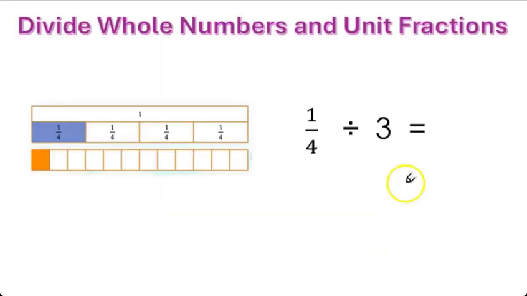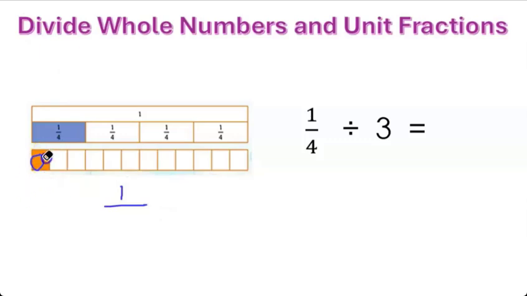Now I'm going to show you that it also works when you're dividing a unit fraction by a whole number. What this means is you're going to take 1/4 and break 1/4 up into 3 pieces. So here's 1/4, and we broke it up into 3 pieces. You notice one of them is shaded. So this is 1 out of how many?